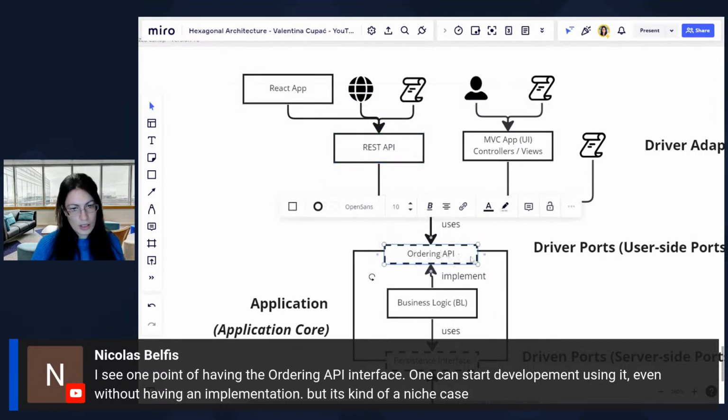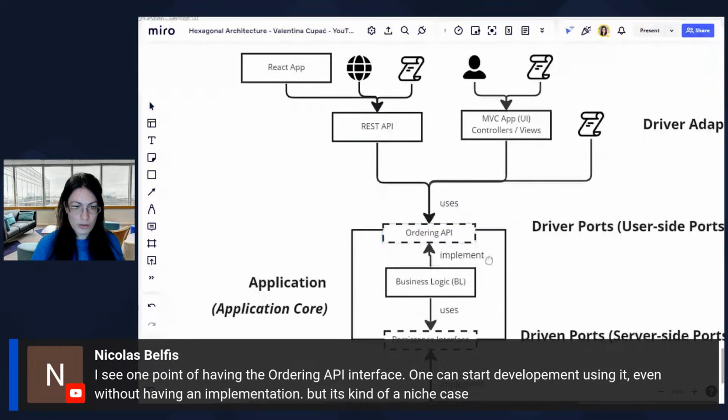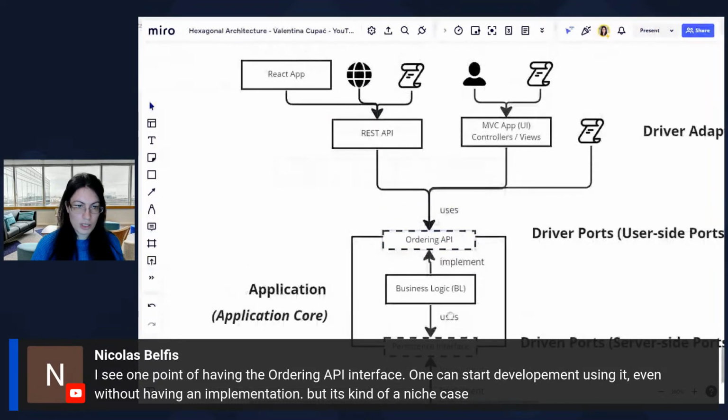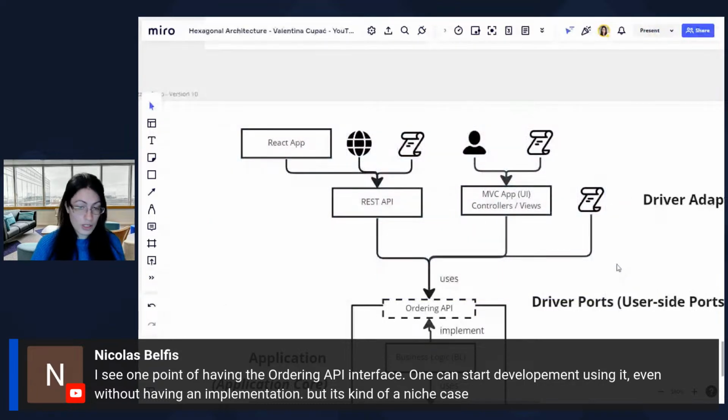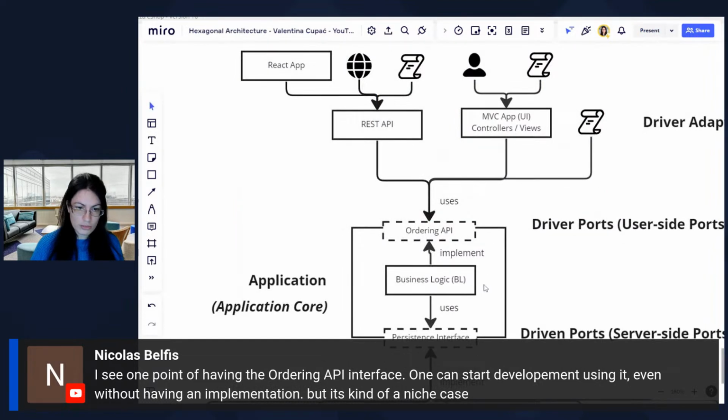By having these interfaces, we do not need this to be implemented, but we can still immediately start working on our adapters and even writing the adapter tests, even though this implementation does not exist at all. That is one motivation, and I would say it's quite an important one.